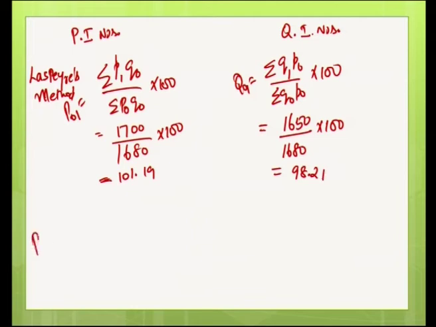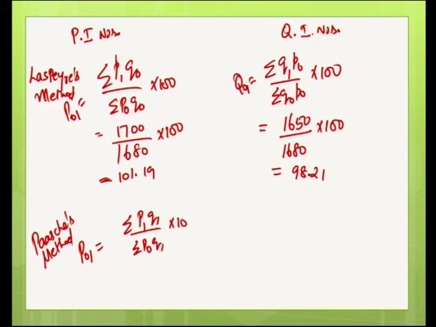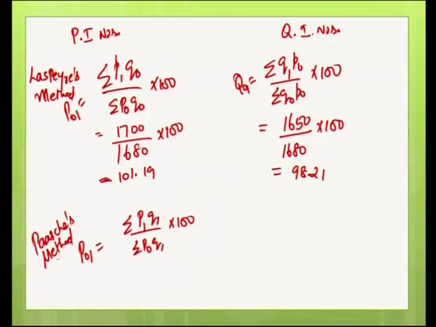Similarly, Paasche's method: P01 is summation P1 Q1 by summation P naught Q1 into 100. All the capital letters or small letters represent the same price or index respectively, so no need to worry if the answer is in capital letters or small letters.